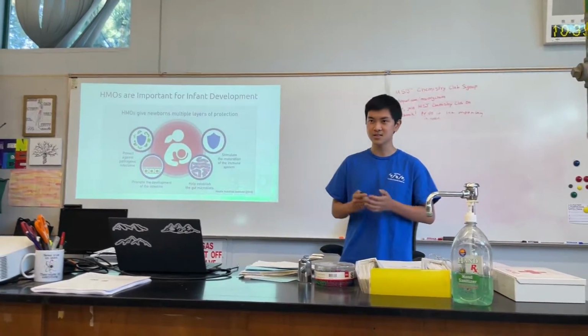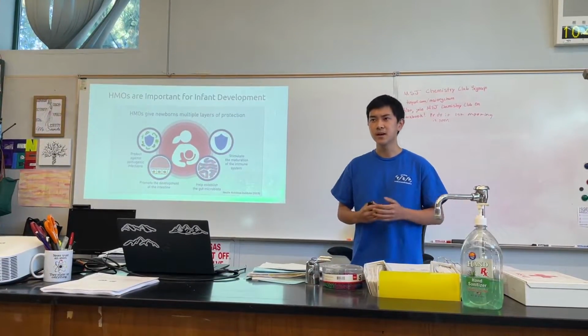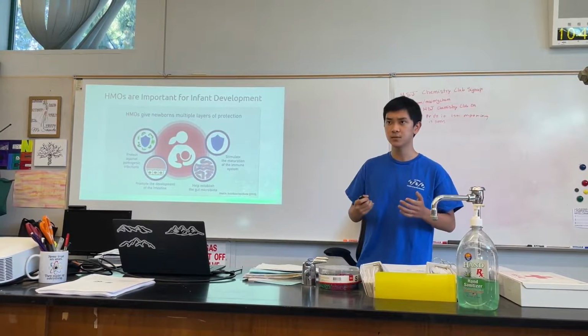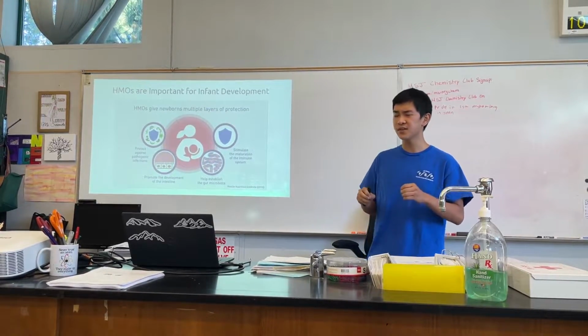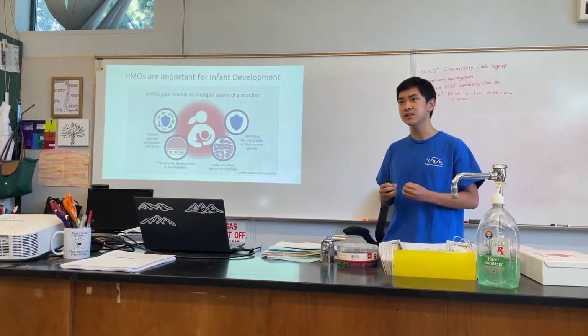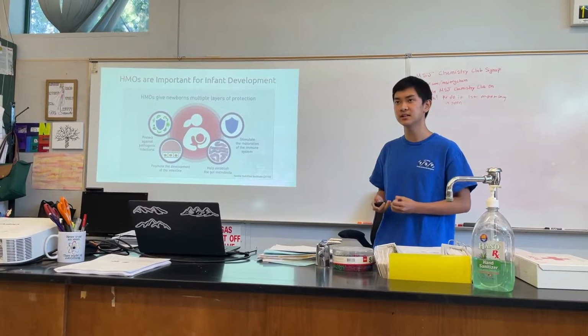So here is some background. What are human milk oligosaccharides, and why do we really care about them? HMOs are the third most common component in human milk, and currently they're not included in any infant formulas, or if they are, very few. One of the big reasons that breastfeeding has such an advantage over infant formulas is because of these human milk oligosaccharides.